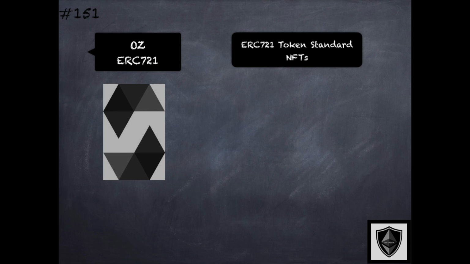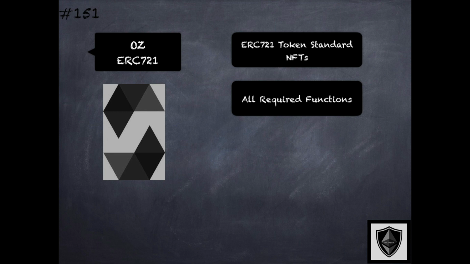Unlike ERC20 tokens, ERC721 tokens are considered non-fungible because every token is distinguishable from the other. Every token has a token ID, unlike ERC20 tokens that are indistinguishable from each other. So this library implements all the required functions as per the specification.